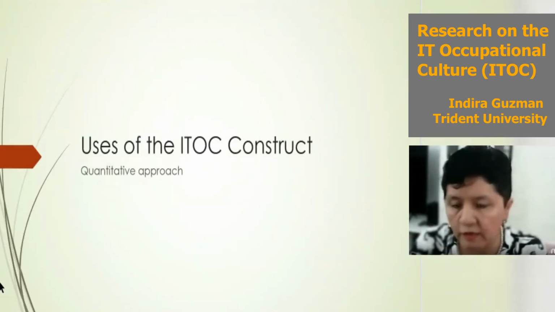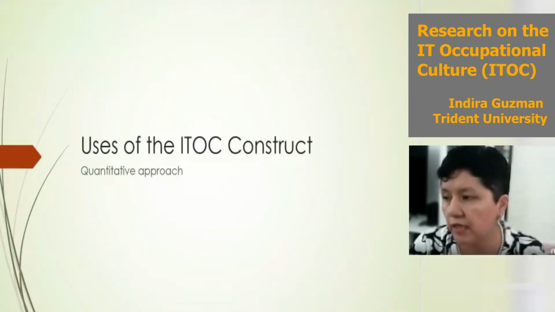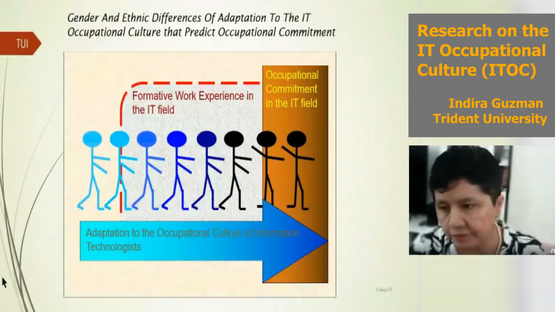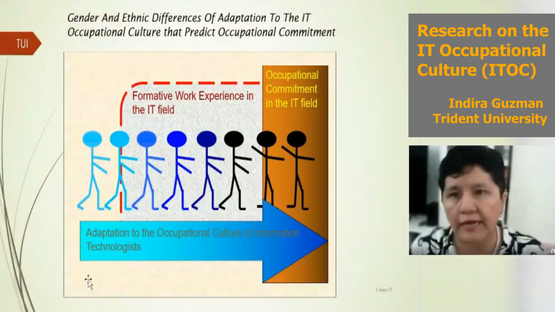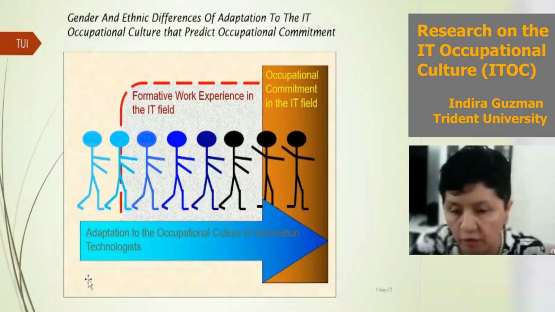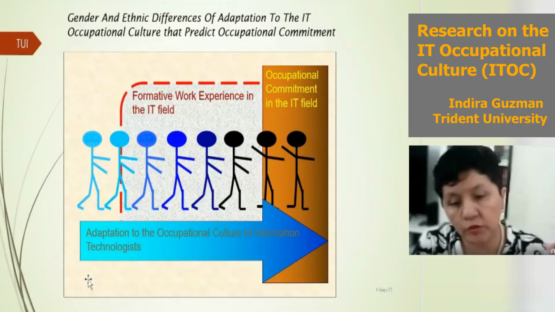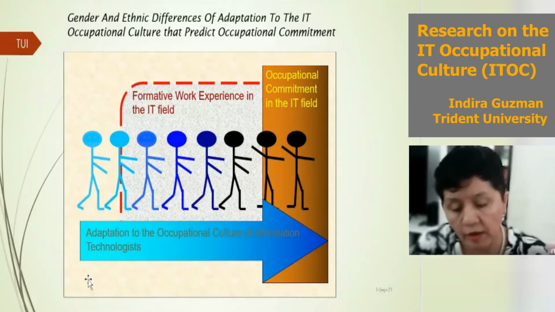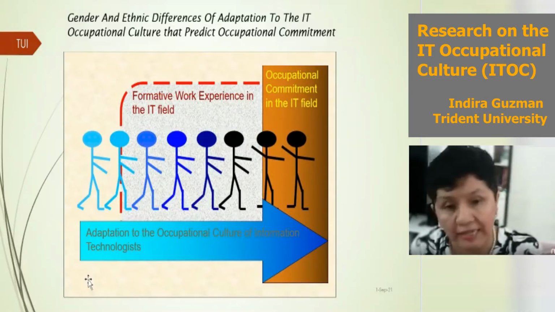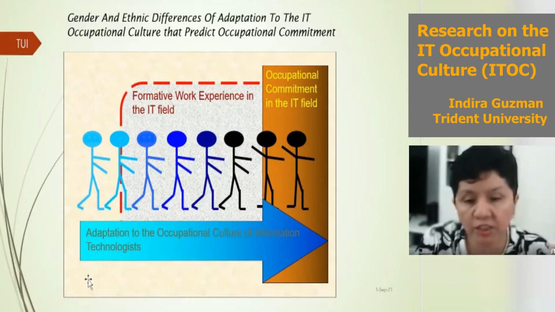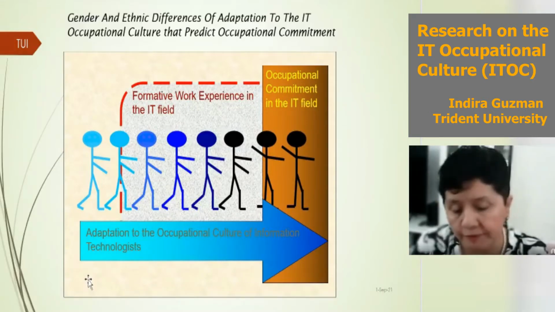We said, yes, there is a culture. These are some of the characteristics, but it was qualitative, right? So in the first quantitative study, we used the IT occupational culture framework to study how newcomers, new IT professionals, fit and adjust, socialize to the IT occupational culture, and which of those characteristics become easier to adopt, right?